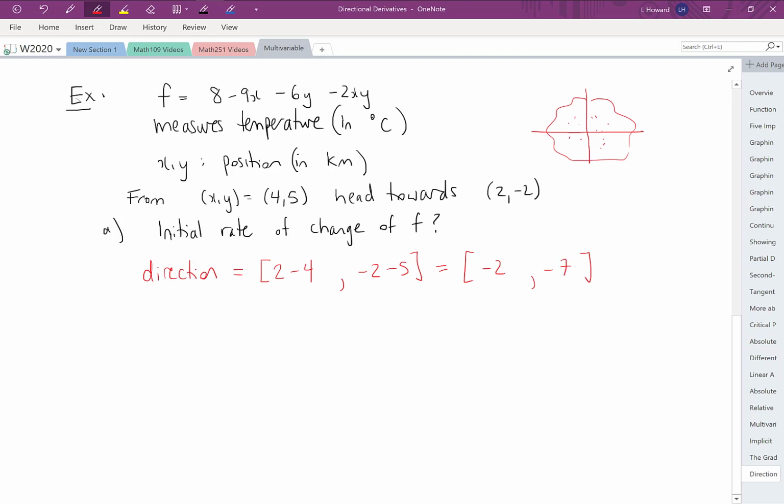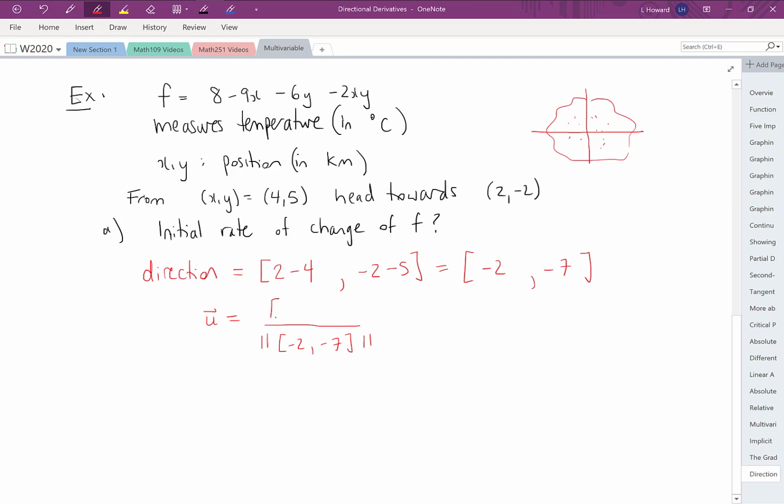That's the direction we're heading in as we start off at (4, 5) and head towards (2, -2). Now we know for directional derivatives that we need a unit vector. So we're going to create a vector u that is a normalized version of this, meaning we scale this vector down and make it 1 unit long. The way we're going to do that is to calculate the length of this vector and divide by whatever that length is.